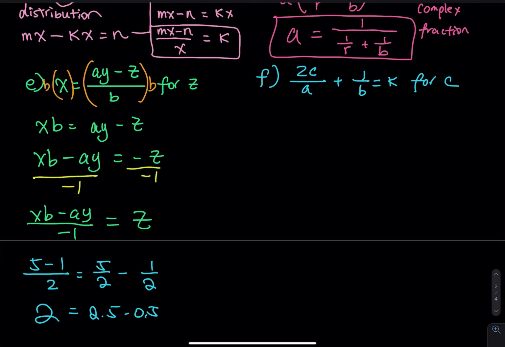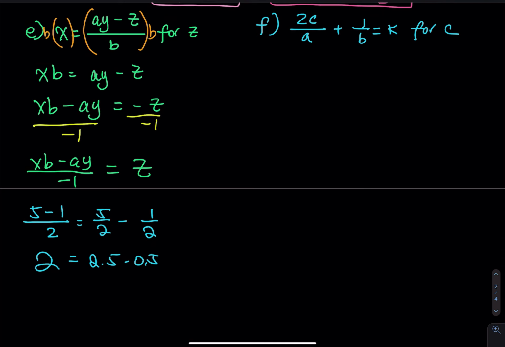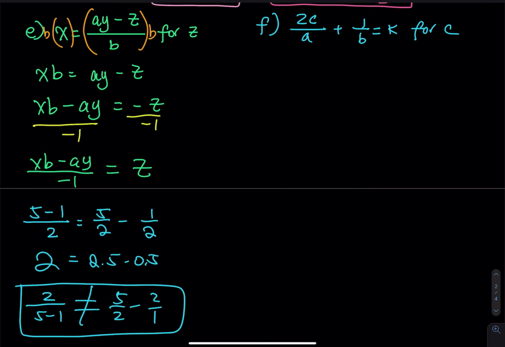So you can see the left side and the right side are equal, not cancelled. However, if you have 2 divided by 5 minus 1, you cannot write this as 2 over 5 minus 2 over 1. This is not equal. But the above that is fine.